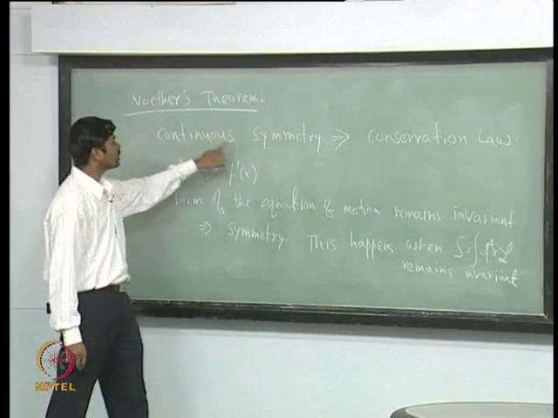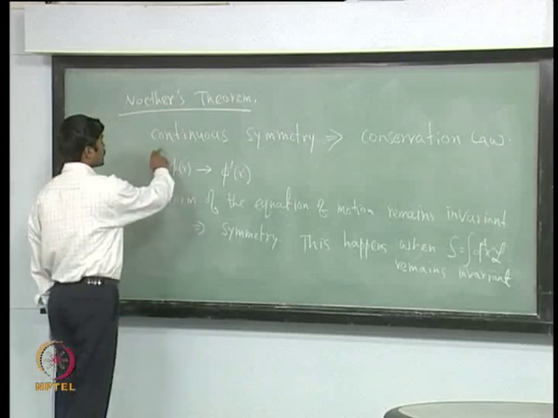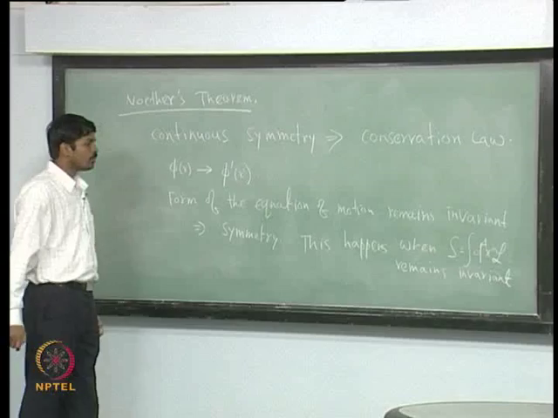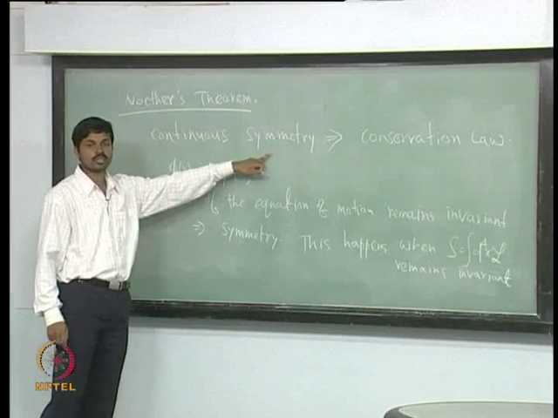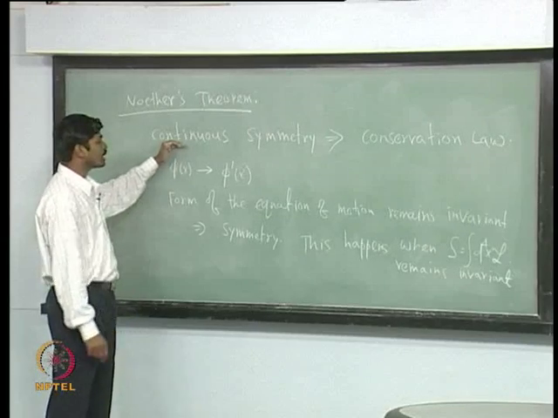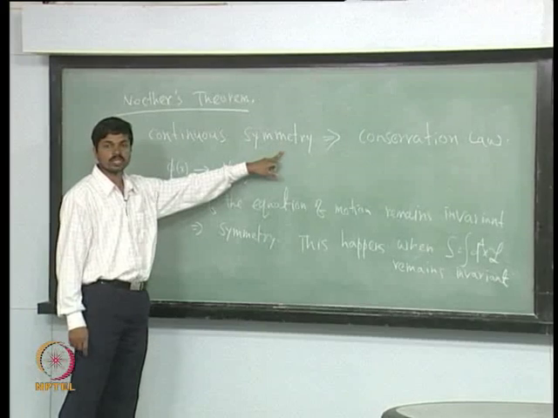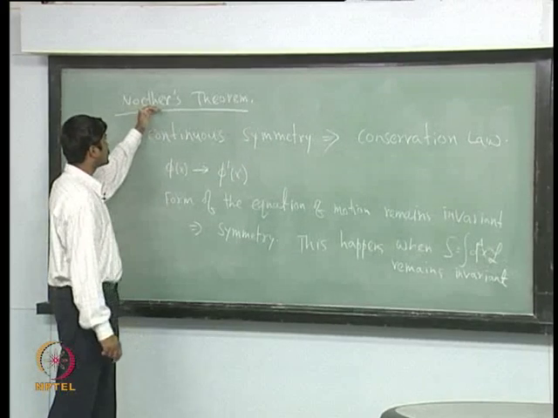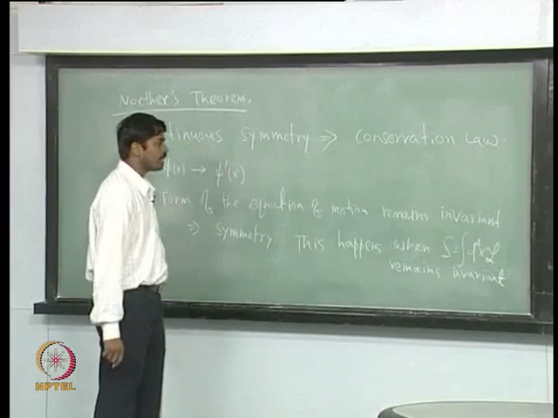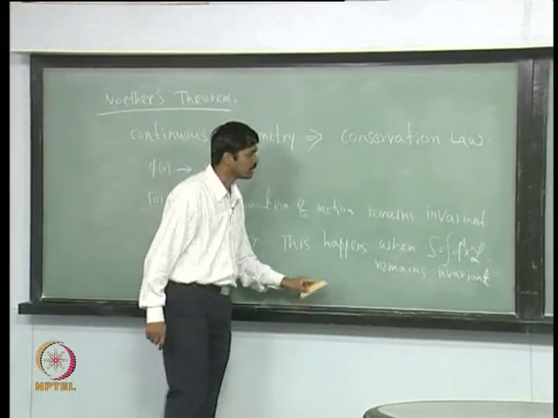In this case we will discuss continuous symmetries. The set of symmetry transformations which are parameterized by continuous parameters are known as the continuous symmetries. So, we will see what happens when the system remains invariant under a continuous symmetry. Noether's theorem states that continuous symmetry implies certain quantity remains conserved, and this is what we will see in the subsequent discussion.